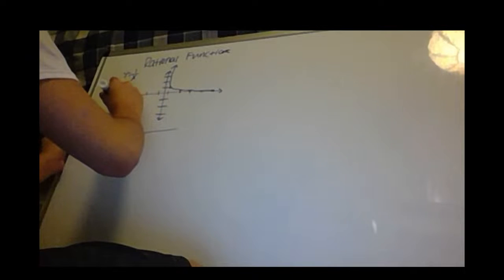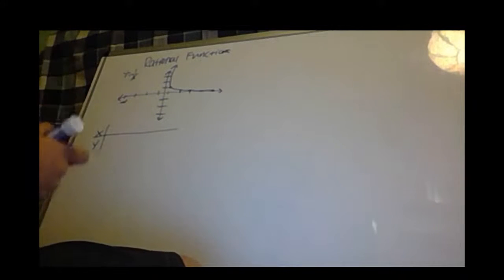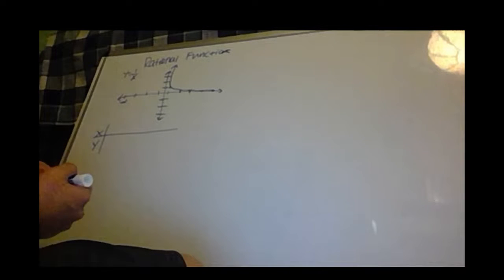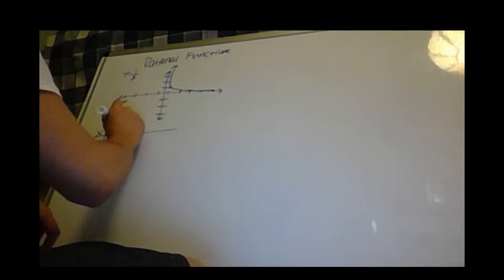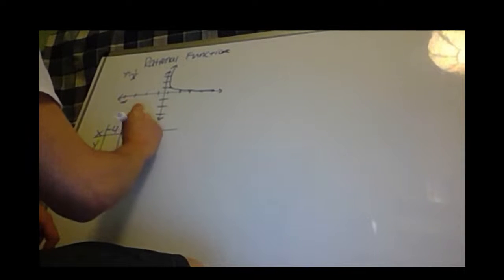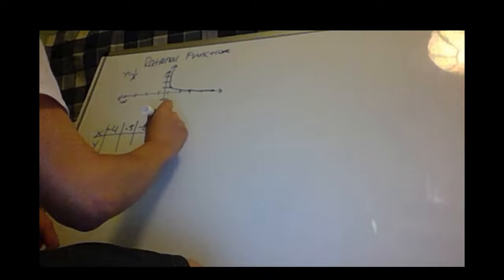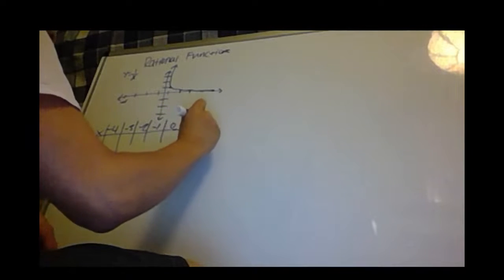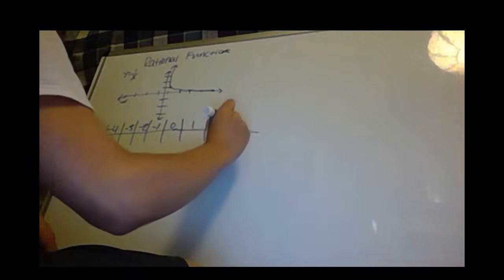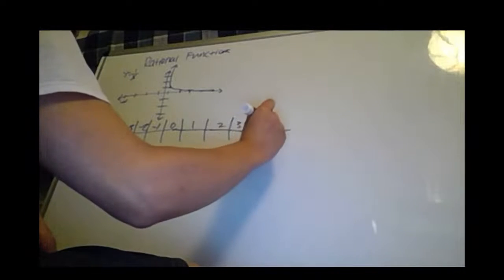Let's do up to negative 4. So negative 4, negative 3, negative 2, negative 1, 0, 1, 2, 3, 4, right?